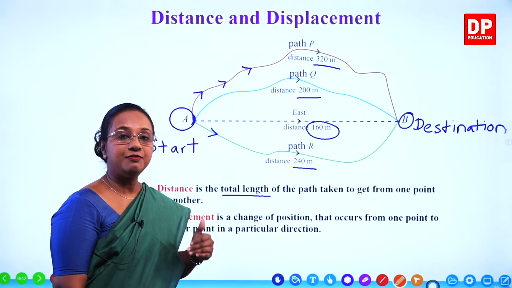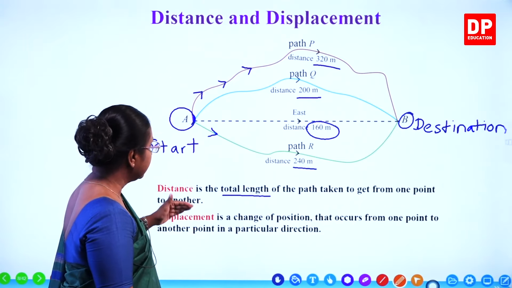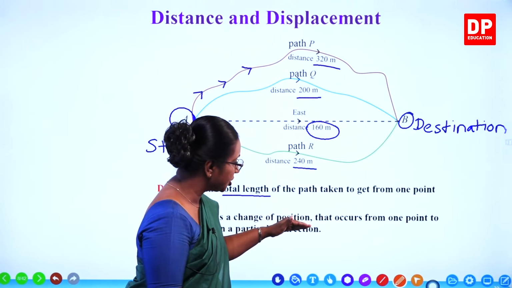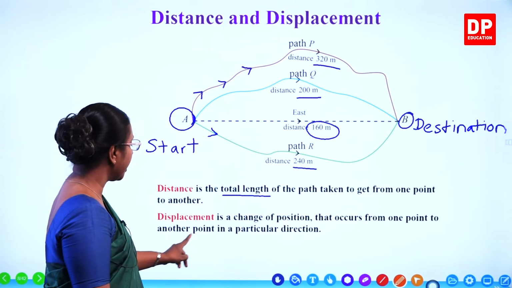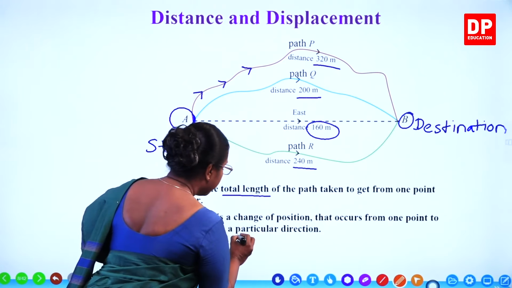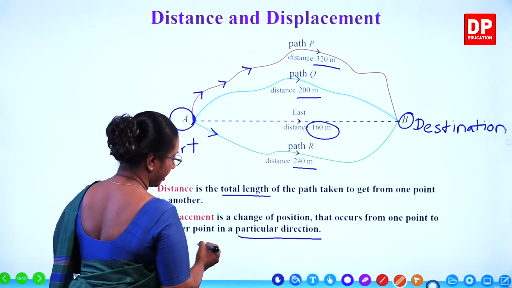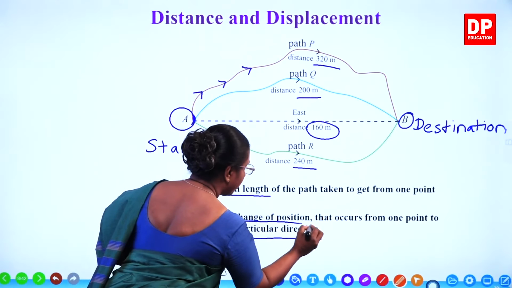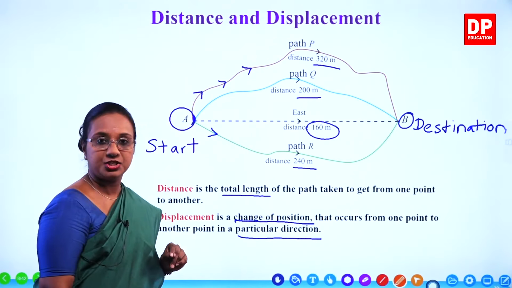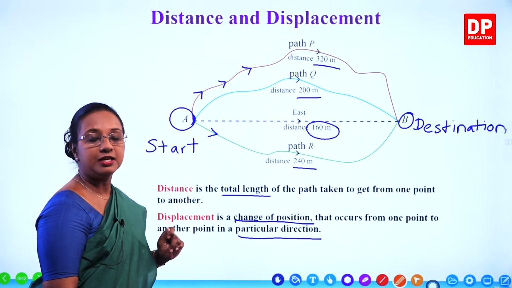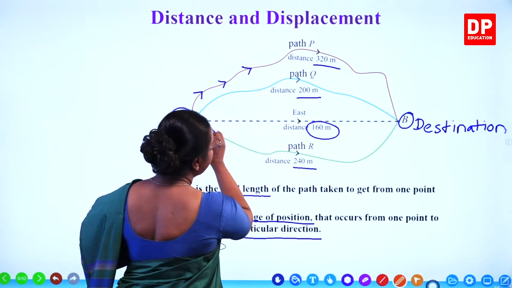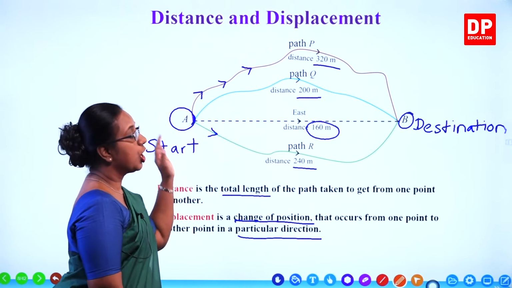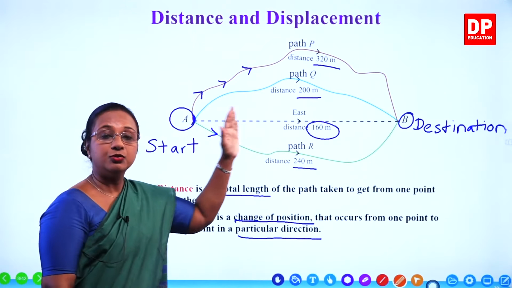So if we define displacement, it is a change of position that occurs from one point to another point in a particular direction. So here we talk about change of position in a particular direction. Then we will be writing this as 160 meters from A to B.